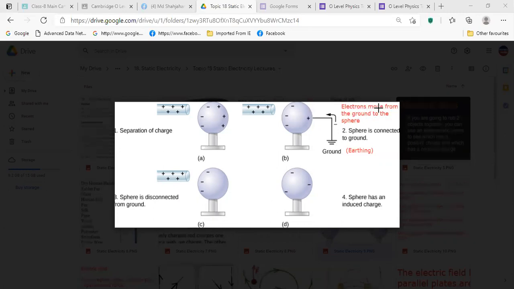Yes, electrons will move from the sphere to the ground. Is it clear? Then what will happen? Same like this one. Sphere is disconnected from ground, so here only positive charge is left, right? Then you are removing the rod away, then it will be uniformly distributed positively charged. That's it.